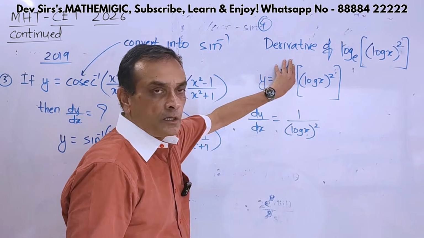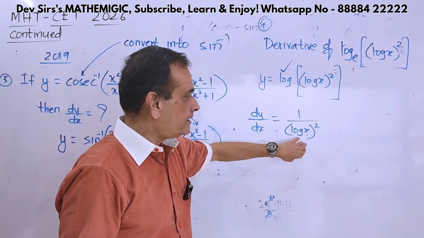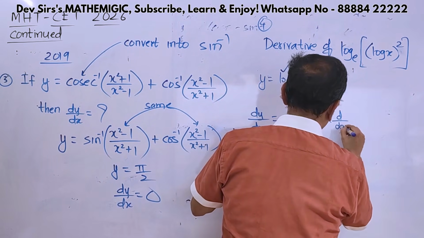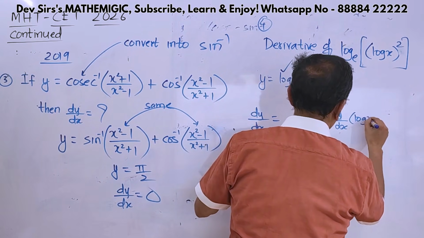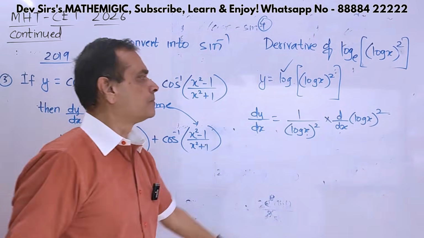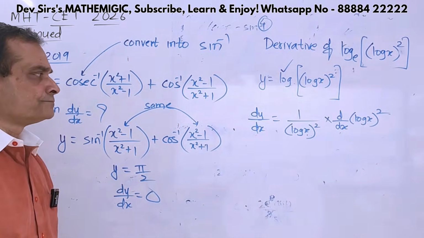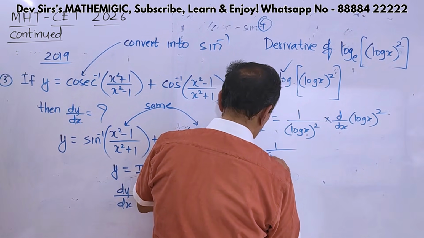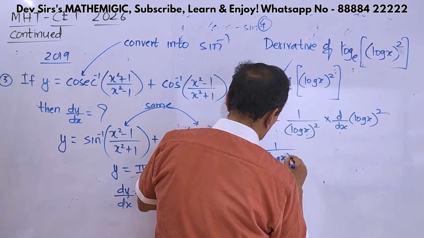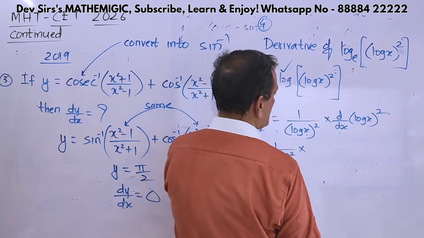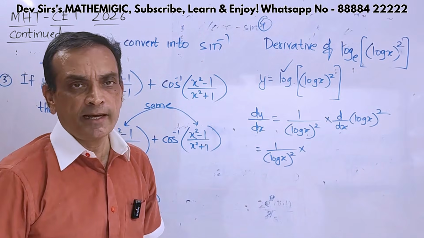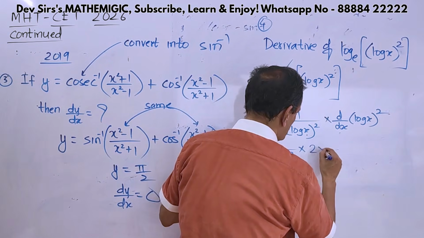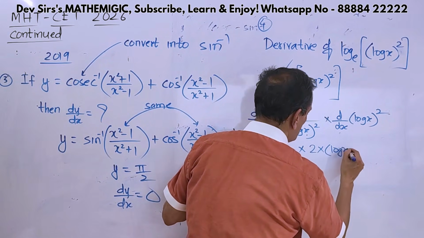Derivative of outer log 1 upon जो कुछ सामने है, take that into d by dx of (log x) whole squared. So derivative of (log x) whole squared, now remember this 2 comes in front into log x raised to 1.